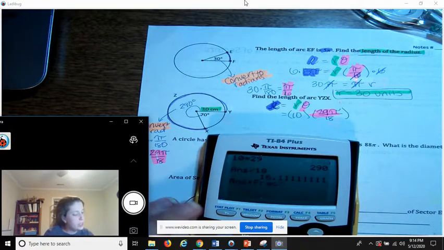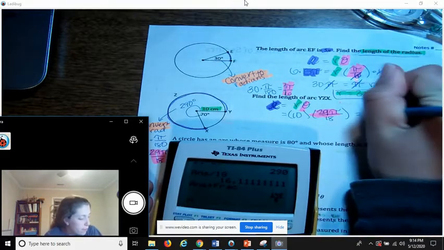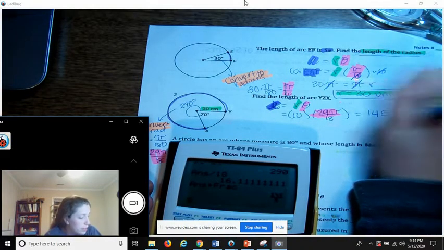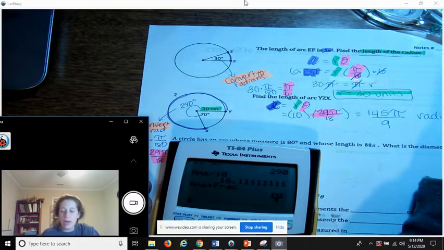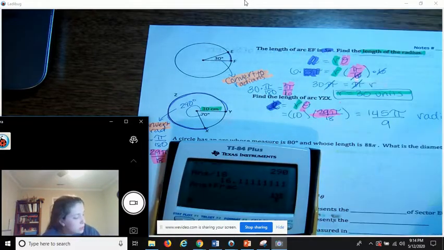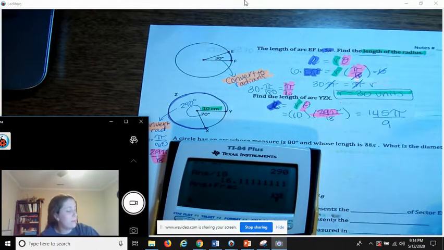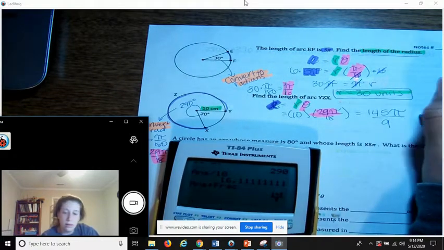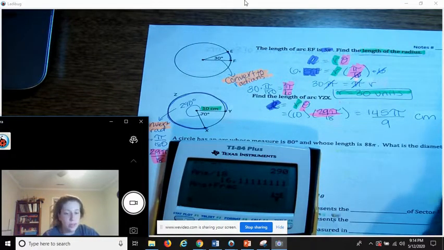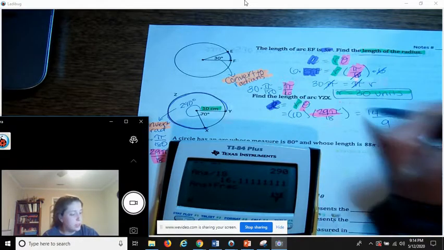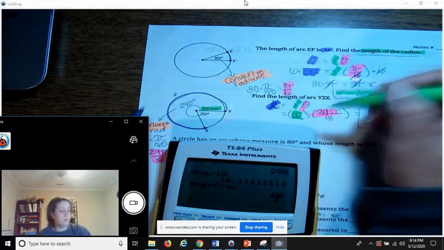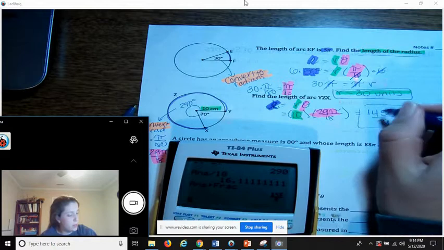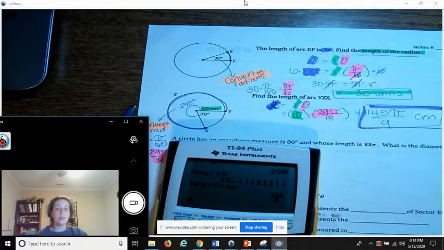Math, enter, to get 145 pi over 9 radians as our, I guess that's in centimeters because that's a length. So that should be our solution in centimeters. That was the piece that we were looking for. That was the purple piece. I will box it in since the purple covers up so much.